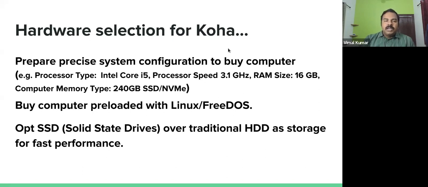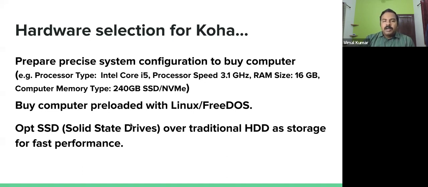And we have to mention there Intel Core i5 processor, processor speed this much, RAM size 16 GB, storage 240 GB, SSD or NVMe storage. We have to specifically mention, otherwise we will not get the ideal computer for the Koha installation.